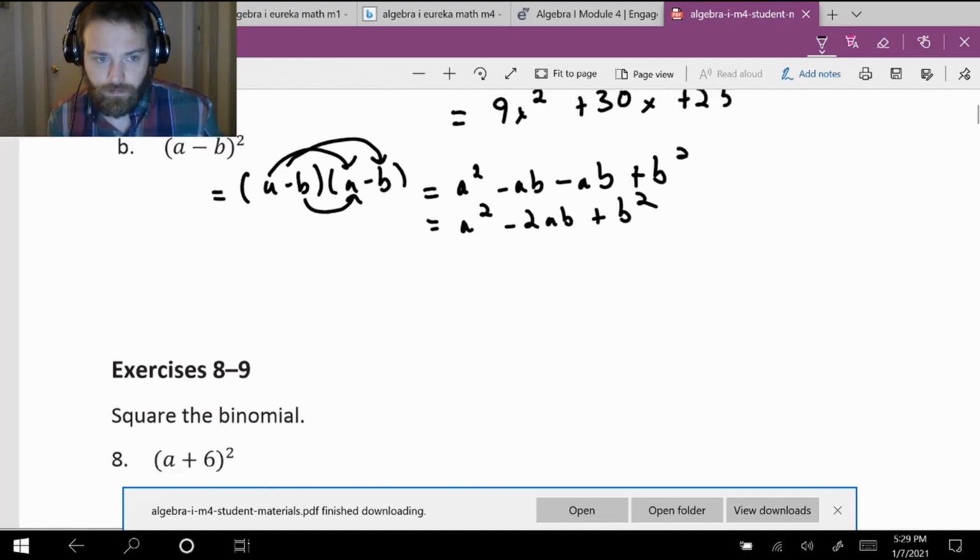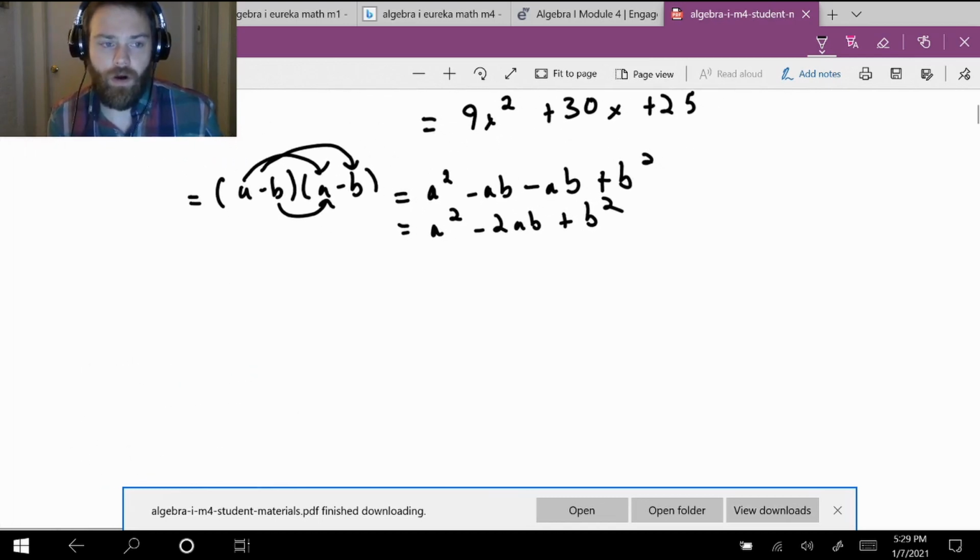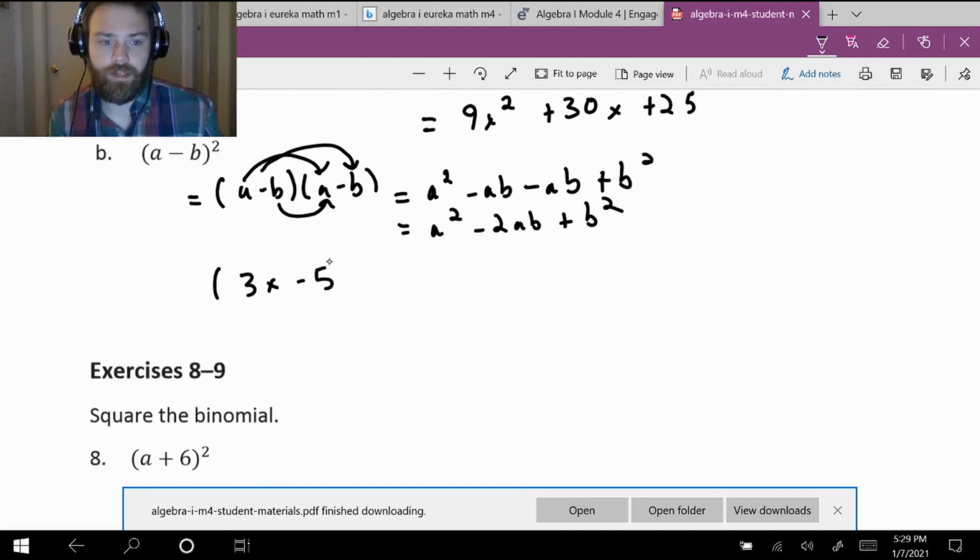Okay? And that's it. So all this is saying is if you have two quantities, like earlier, instead of 3x plus 5, I'll do 3x minus 5. If I had 3x minus 5 squared, it would equal 3x quantity squared, so 9x squared, right? 3 squared is 9, x squared is x squared.